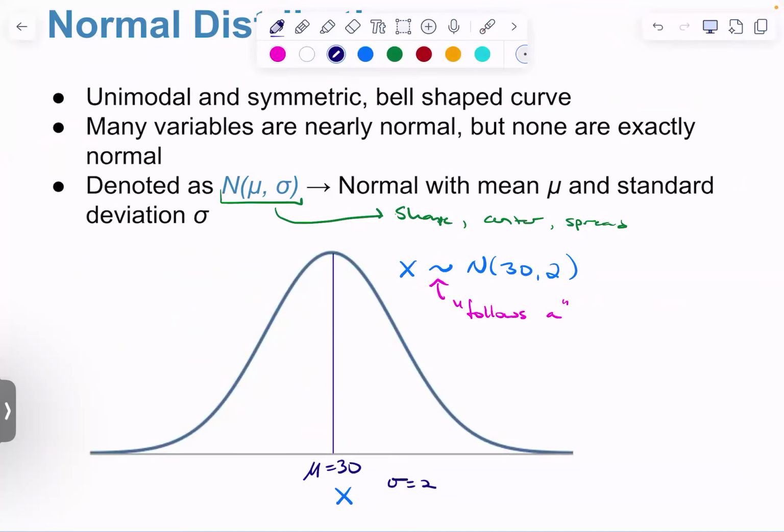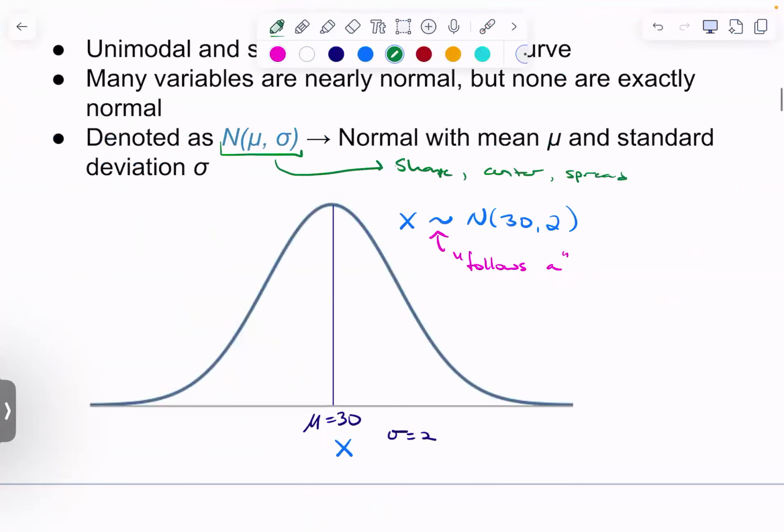So how you read this, then, you read it as x follows a normal distribution with mean 30 and standard deviation 2.